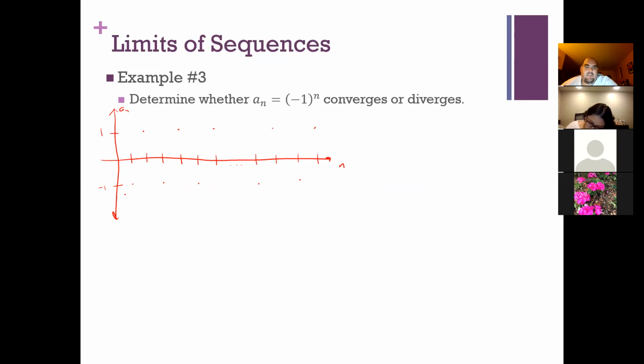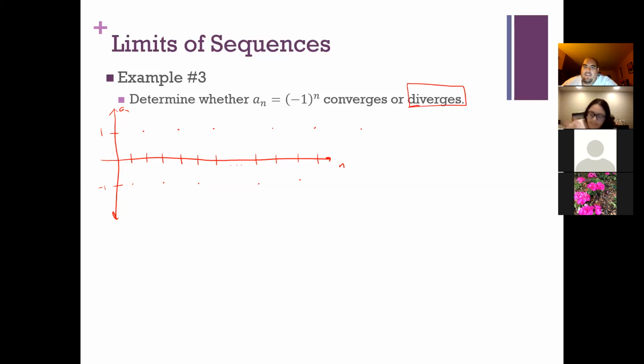So does this sequence converge or diverge? It diverges.